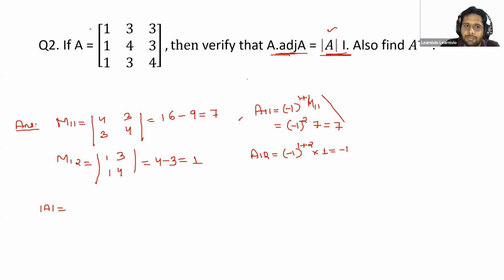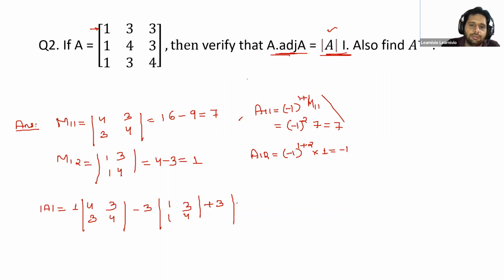If you expand this along the first row, then this will become what? 1. Write the remaining values 4, 3, 3, 4. Then minus 3. You know why we are putting the negative sign here. So this is 1, 3, 1, 4. And plus 3. And this is 1, 4, 1, 3.